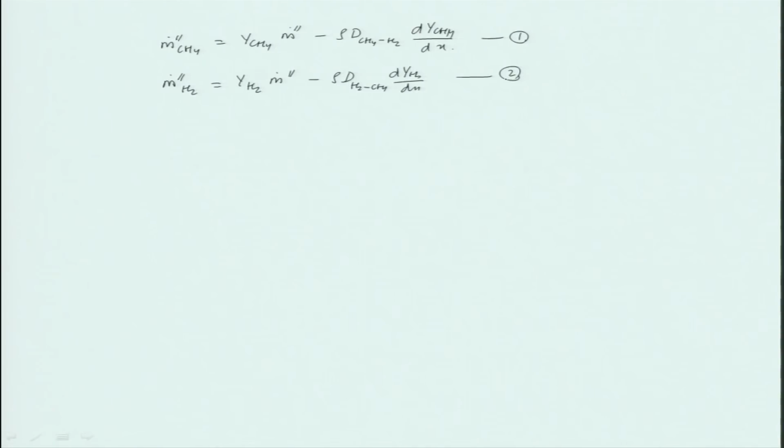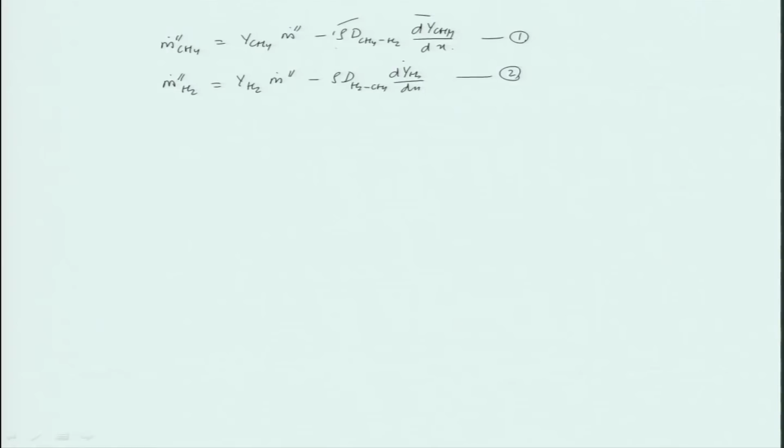We will have to look at what is happening to this bulk flow. Let us have a better feel of the bulk flow and the diffusional fluxes. These are basically the diffusional fluxes for methane, and similarly for hydrogen, in equation 2.